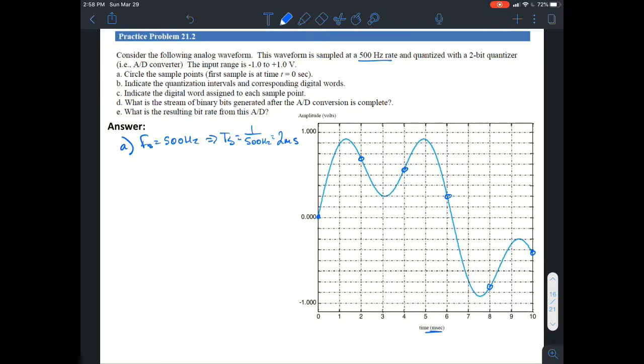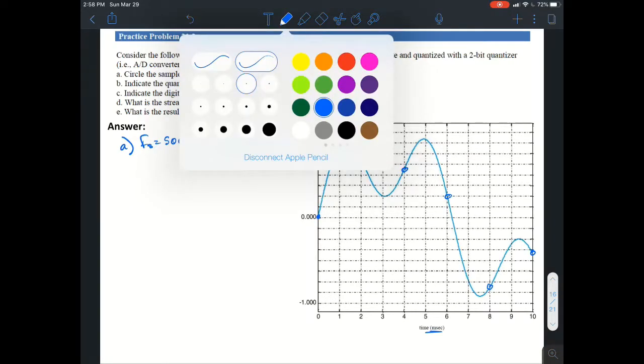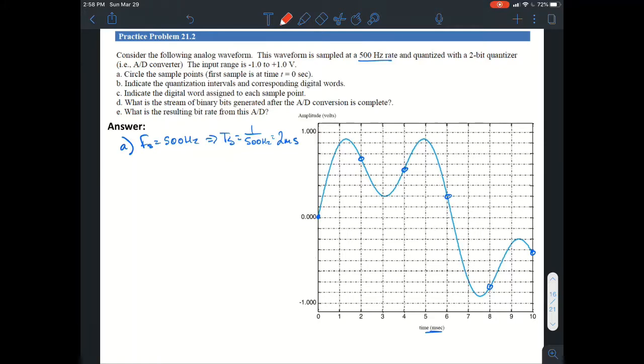Then we're going to indicate our quantization intervals. We have 2 bits, so we have to find our overall resolution, Q. Q is going to equal Vmax minus Vmin over 2 raised to the 2.